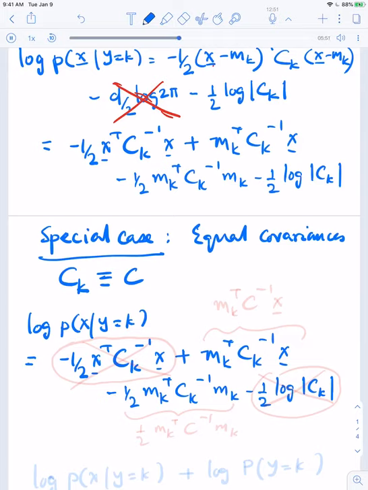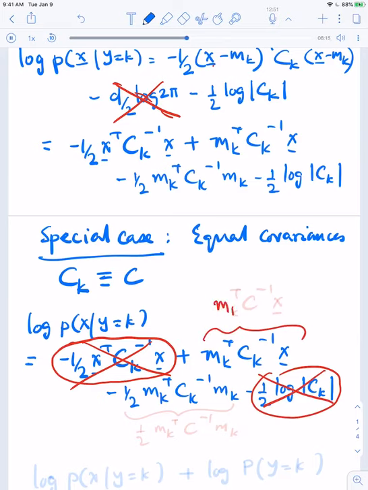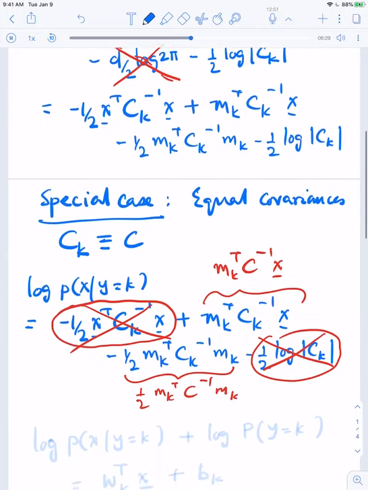So obviously now we can get rid of a bunch of terms. This term here, since Ck no longer depends on k, can be crossed out. This term here can be crossed out. So all we are left with is these terms. This becomes mk transpose C inverse x, and this becomes half mk transpose C inverse mk, right?